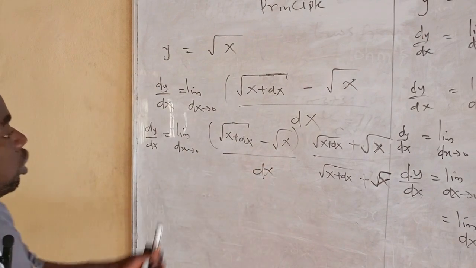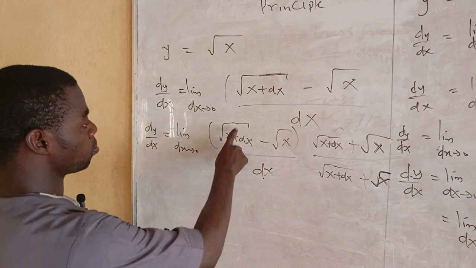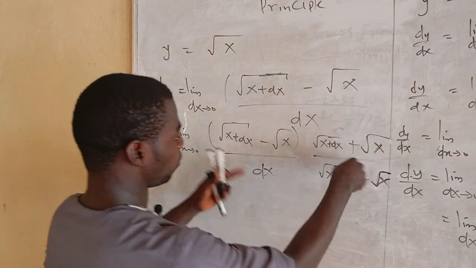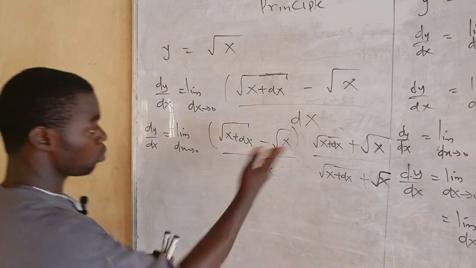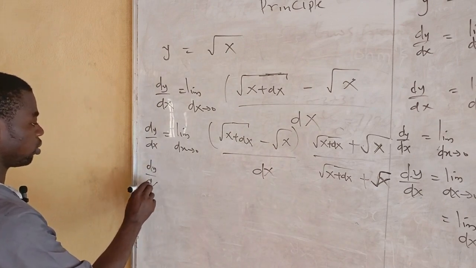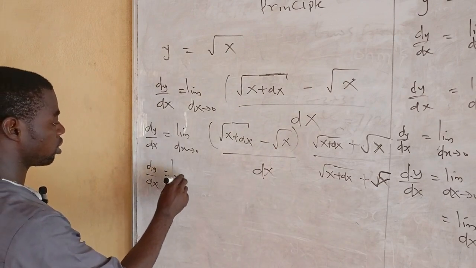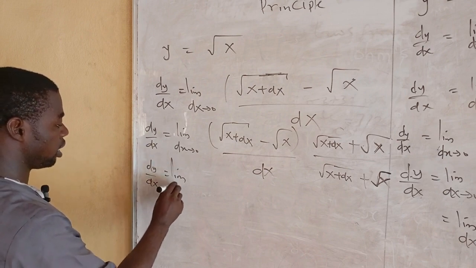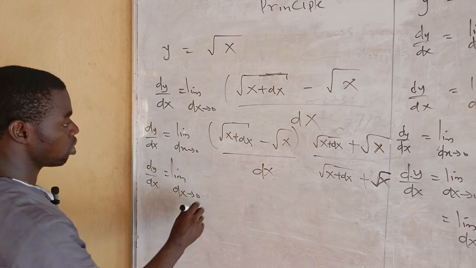Okay, so by rationalizing the numerator, we multiply this by this and open up the bracket. We get dy/dx equal to the limit as dx approaches 0.